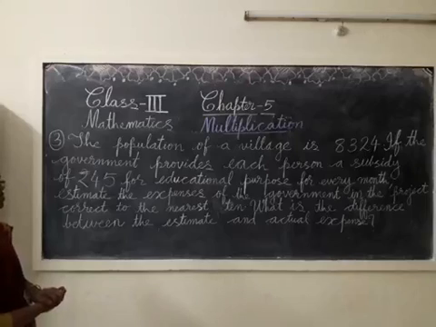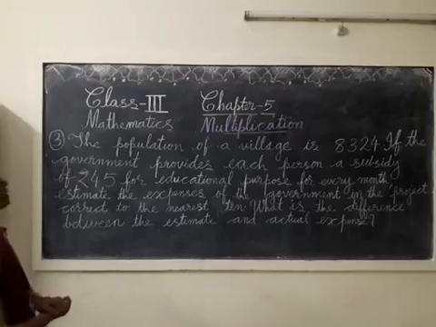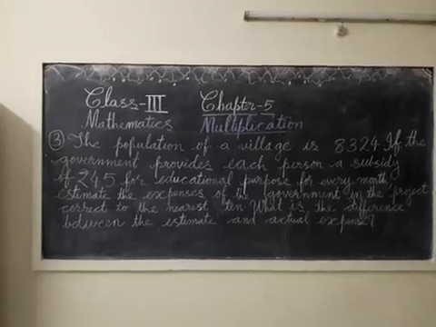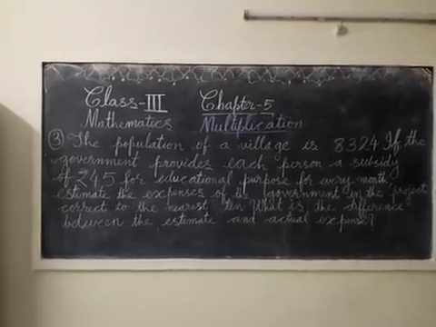What is the difference between the estimate and actual expense? The number of population we have to multiply with the rupees they get each month. Then we will get the correct answer. Here also we have to estimate, and after that we have to take the difference also. Now let us erase the question and write the answer.